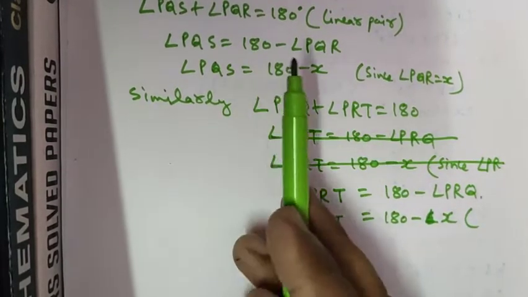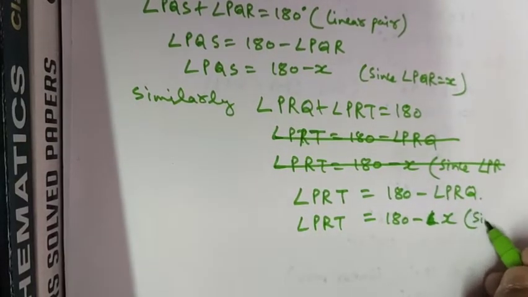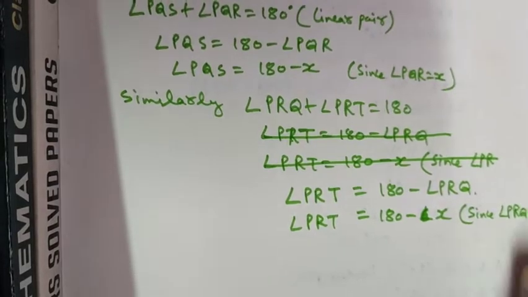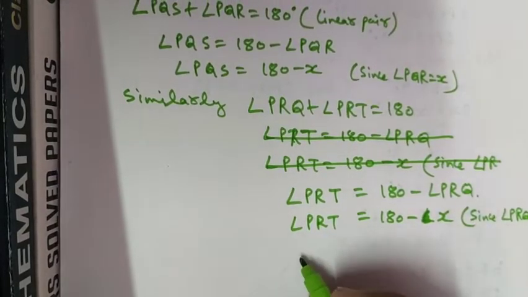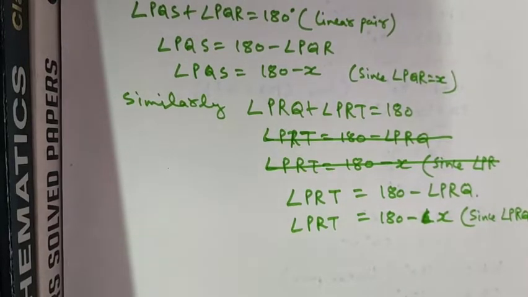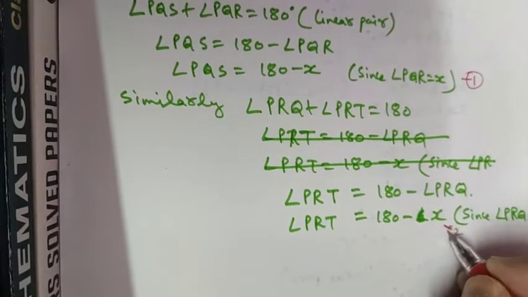Because PRQ is equal to X, since angle PRQ equals X. Got it? Therefore, this can be taken as equation 1 and this is equation number 2.